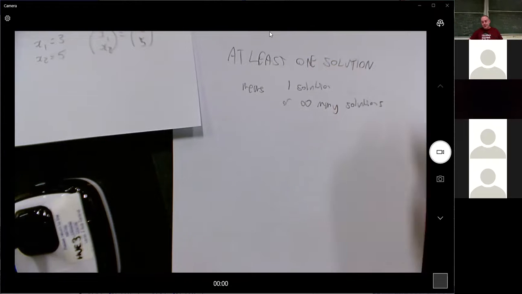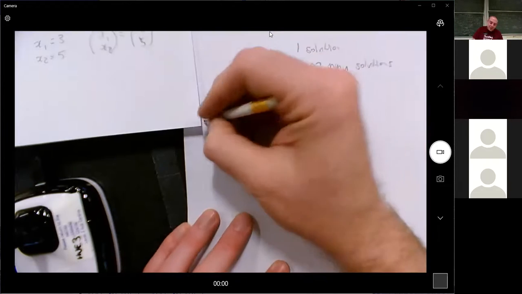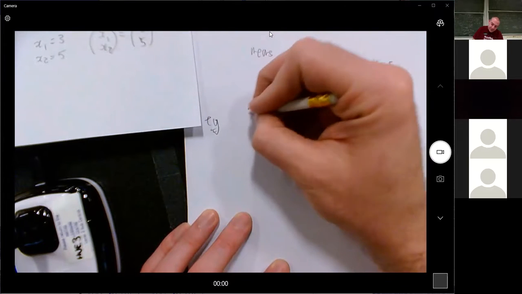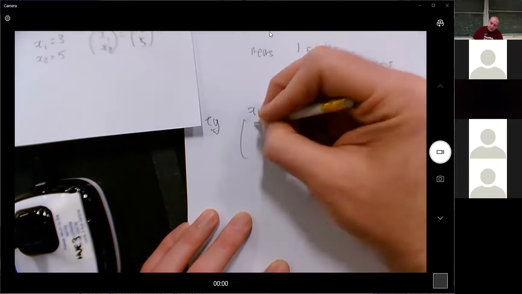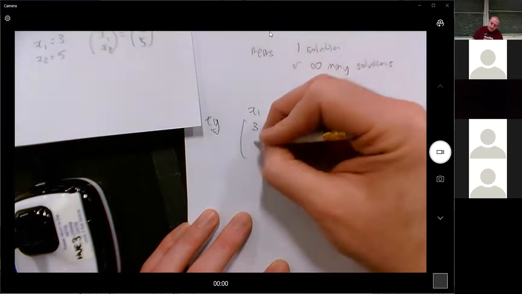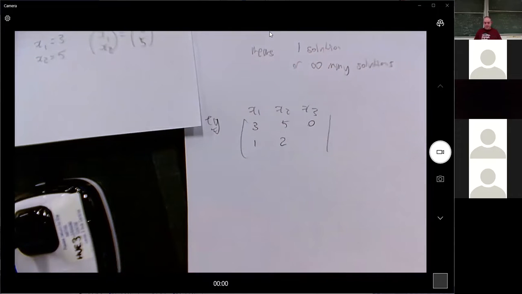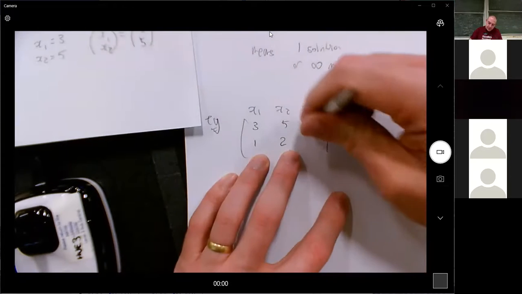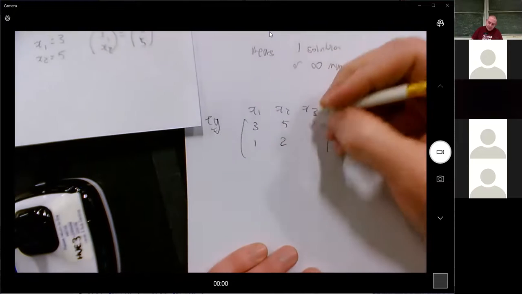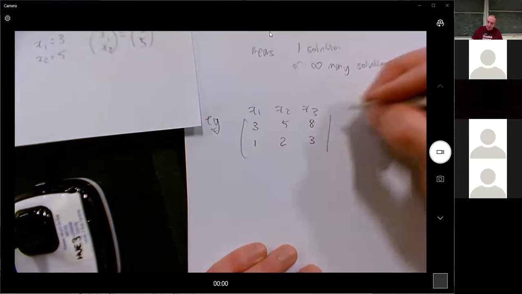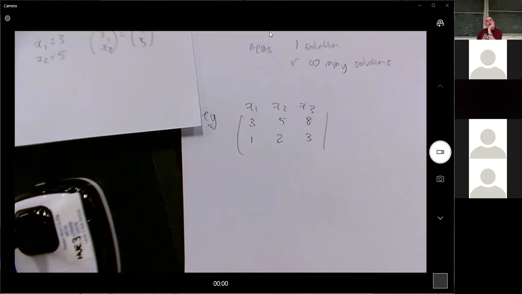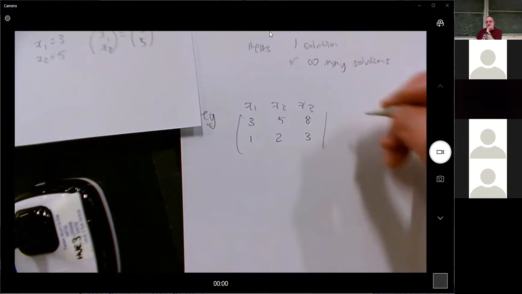So, right, actual example now. I don't want a 0 there. Will I put numbers at the end? Yes, I will.